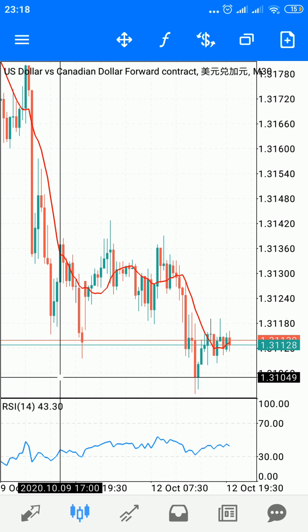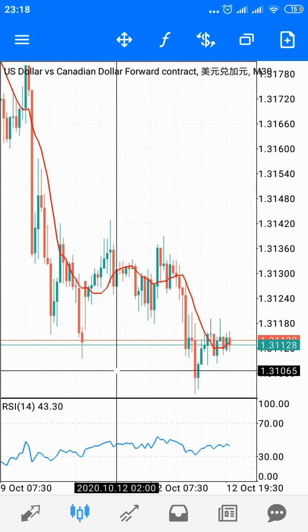So in that case we'd have obviously a double bottom, quite a usual technical pattern, but that's beside the point. If that's what our analysis tells us, then what we've got to do is essentially set a pending order. Instead of entering the market right now at the current price, we're going to wait for the price to drop to that particular level before opening our positions.